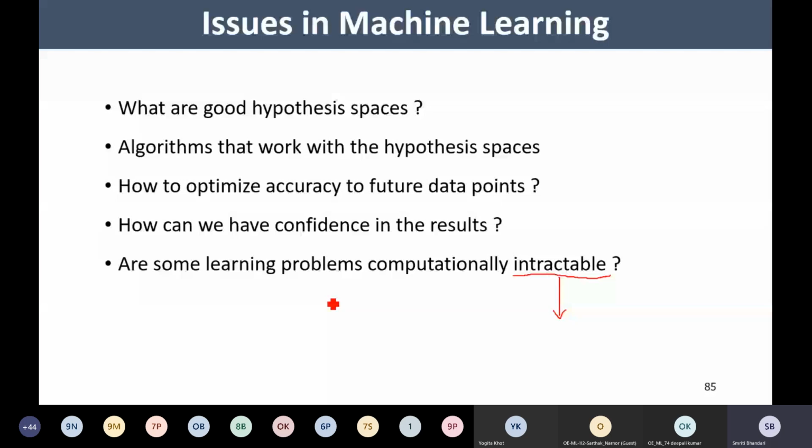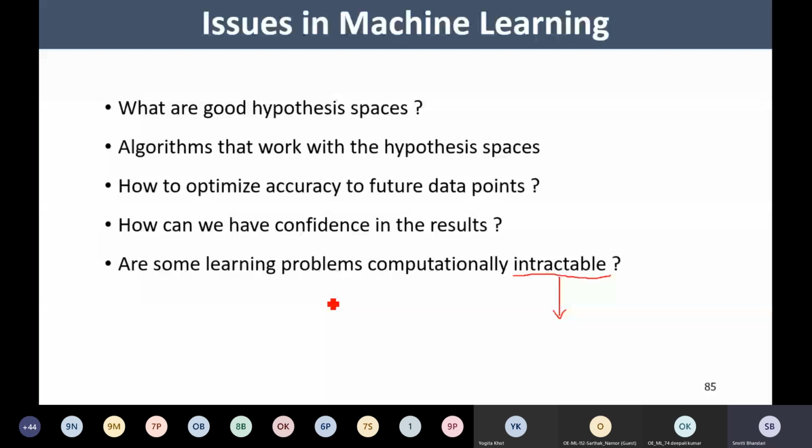So these are a few of the important points that we need to consider while building any machine learning application. And in subsequent units, whenever we focus on different kinds of algorithms under machine learning, we are going to talk on these kinds of points. These are the important issues that need to be considered while building machine learning applications.